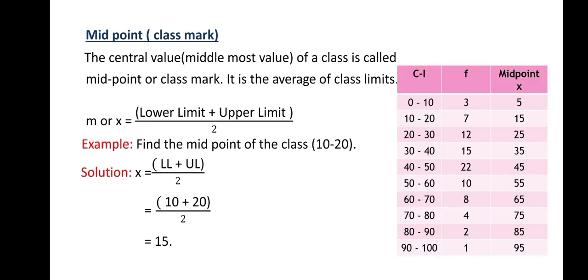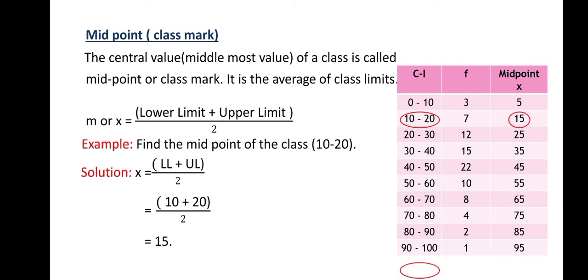If we consider another example, here a distribution is given. To calculate the midpoint of the class 0 to 10, we do 0 plus 10 divided by 2. We get 5. In the same way, the midpoint of the class 10 to 20 is 10 plus 20 divided by 2, we get 15.